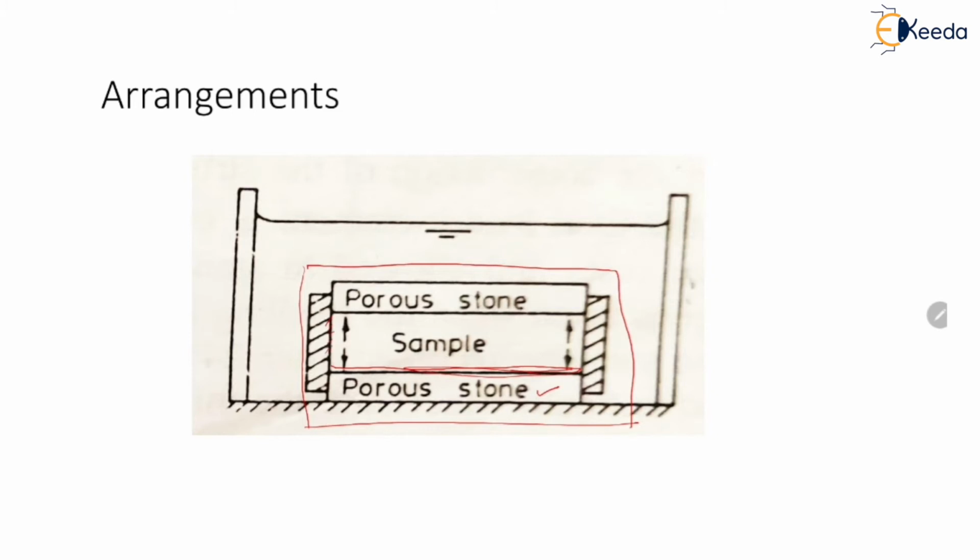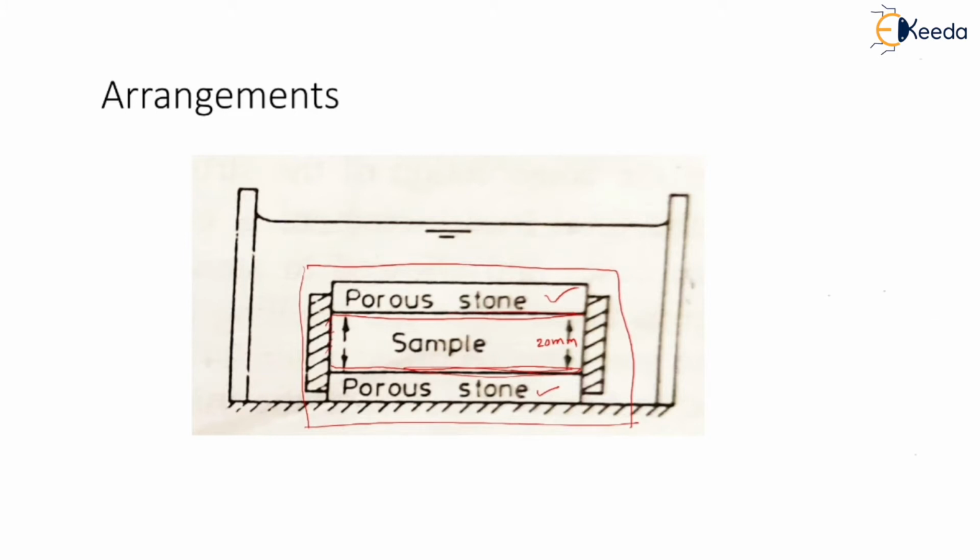But the minimum thickness of 20 mm is generally recommended so that uniform distribution of the pressure can be achieved. On the top of this sample, another filter paper is placed and at the end, the top porous stone is placed on the top of the sample.